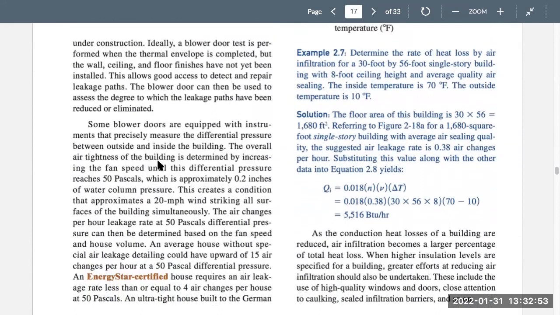The overall air tightness of the building is determined by increasing the fan speed until the differential pressure reaches 50 pascals. Pascals is like PSI, if you don't know. It's just like meters versus inches, pascals versus PSI. So these are measured in pascals, which is approximately 0.2 inches of water column pressure. So your fancy number is 50 pascals.